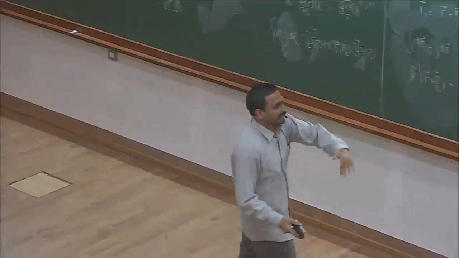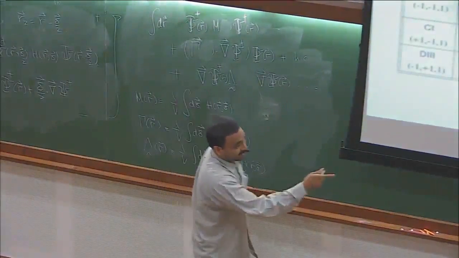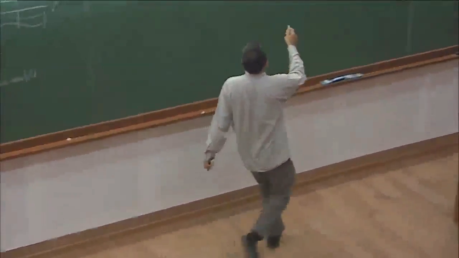And then you can immediately write this as a Hamiltonian in k space again. Let me just go to the continuum version of the problem. You will see something else is going to come here.